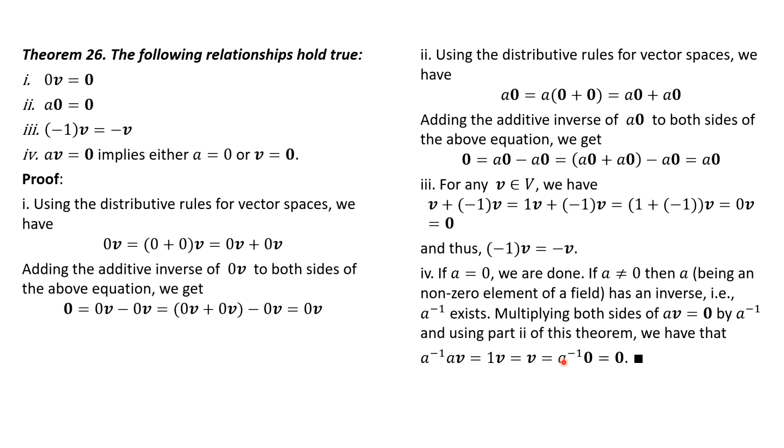And then a inverse times 0, just looking on the other side of this, is 0. So just following it all the way through here, you end up with v equals 0, which is what we wanted to show. That was the other possible case.